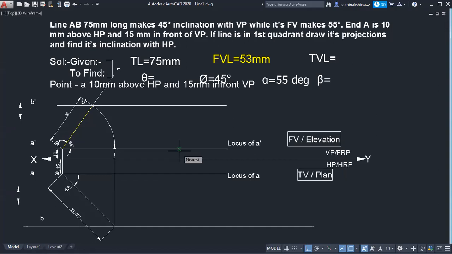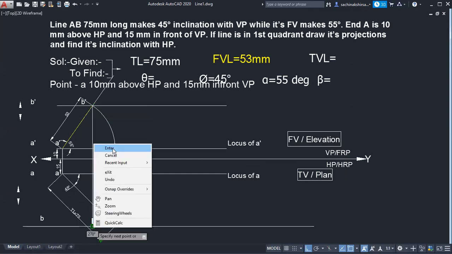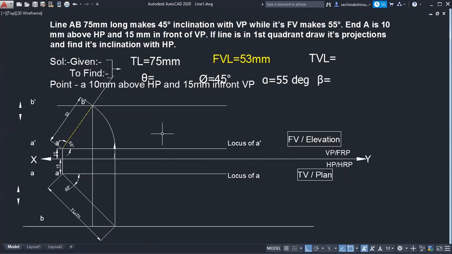If I draw a straight line from this B dash directly, here somewhere I will get point B. For your information, I will draw an X arrow here to show from where I have drawn, because at the end we should know from B dash which point I will get here.